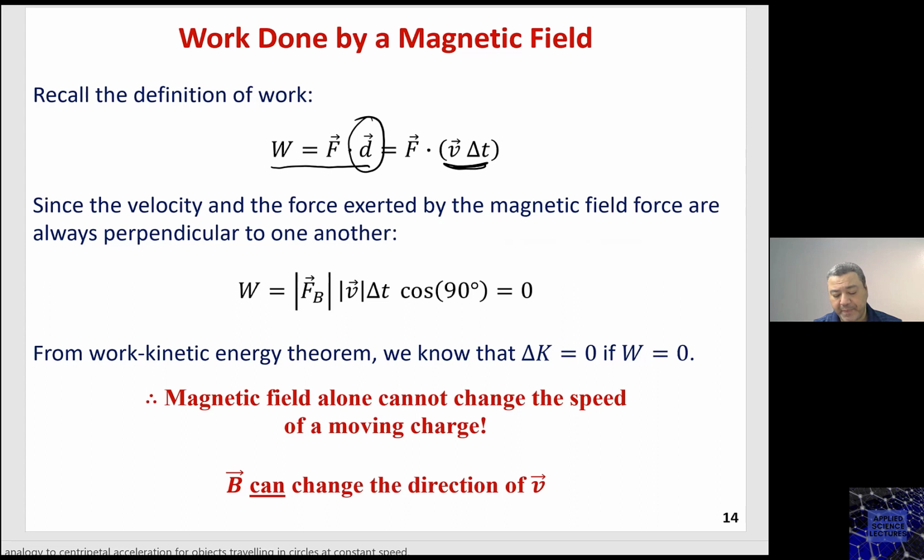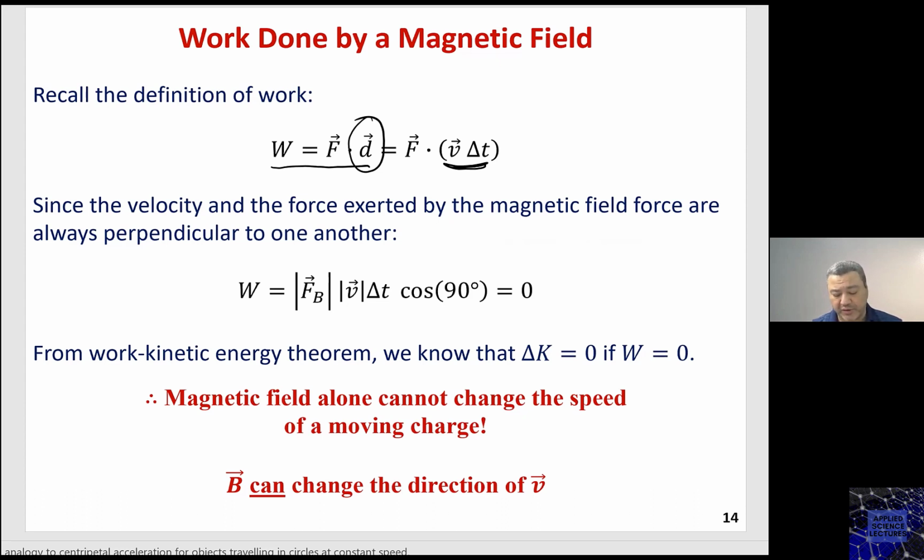For the magnetic force, the force is always perpendicular to the plane that has the velocity and the magnetic field, which means the angle between the force and the velocity is always 90 degrees.